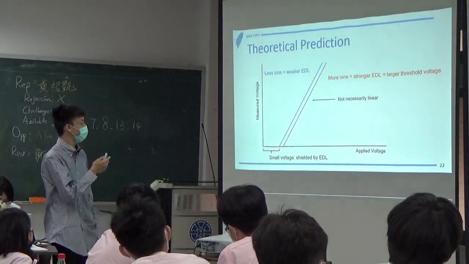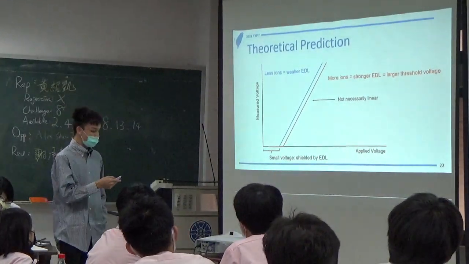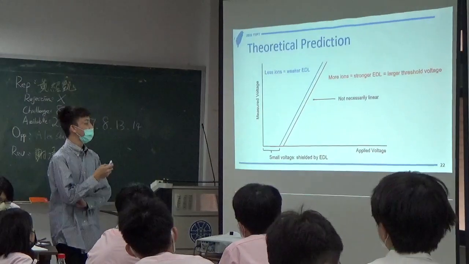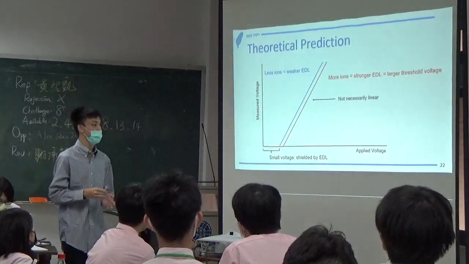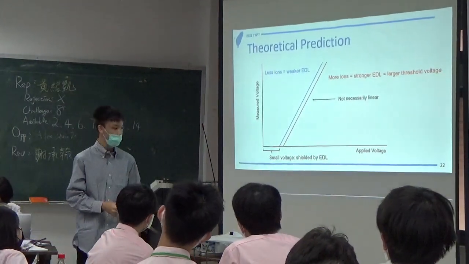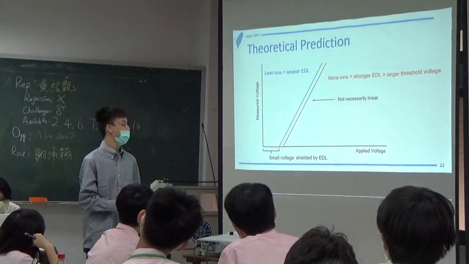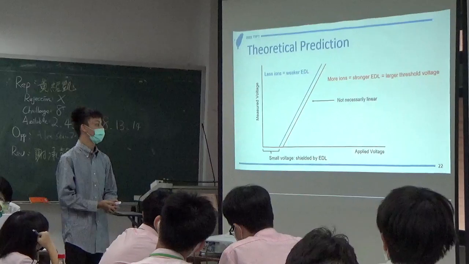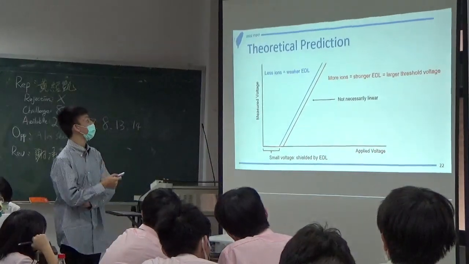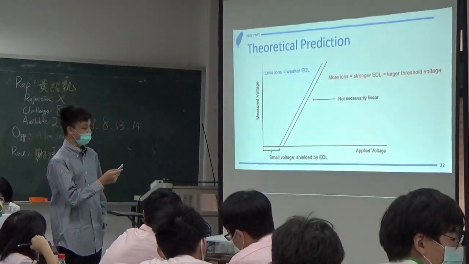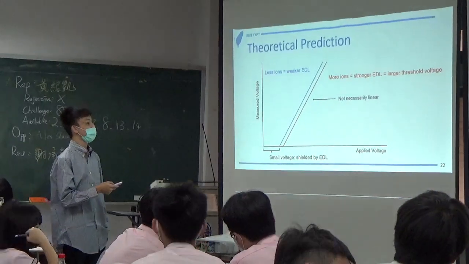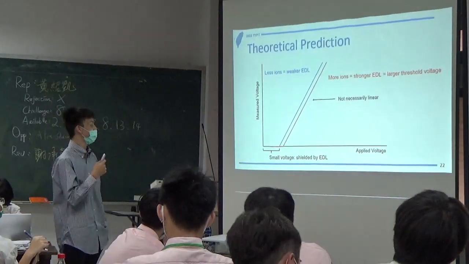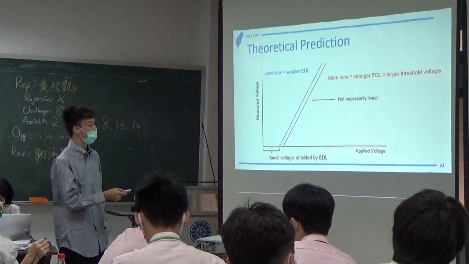And according to our theory, we predict that there's a threshold voltage, but the threshold voltage cannot shield all the voltage. As in real life, we can always observe some sort of voltage given by the supplied electrode. And this is a plot that illustrates our prediction for the relation between the measured voltage and the applied voltage.